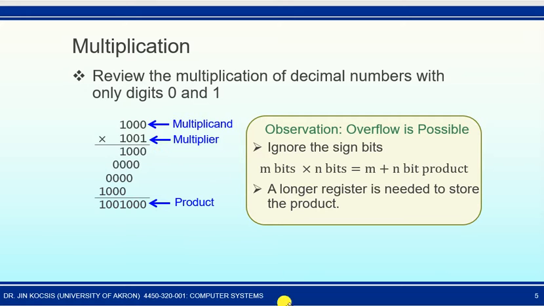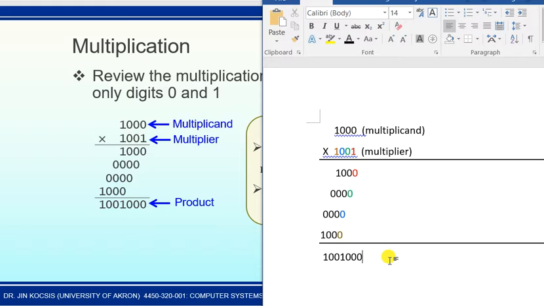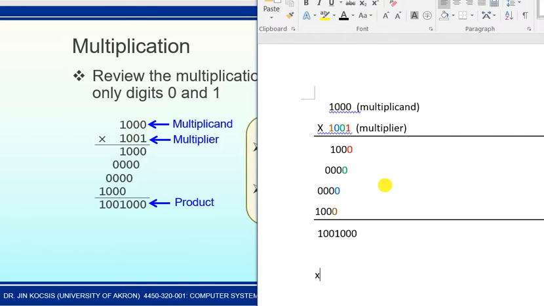The reason is, let's go back to what we learned in primary school. If you calculate x times y, okay? If you know the sign of x, meaning whether it is negative or non-negative, and I know the sign of y, meaning I know y is negative or non-negative, I should be able to know the sign of the product, which is the sign of z, meaning whether z is negative or non-negative, before I calculate the product.